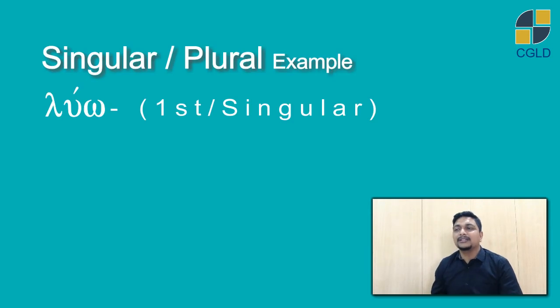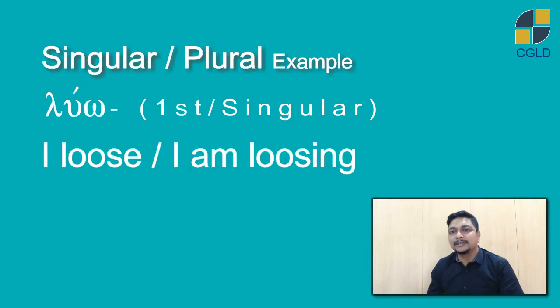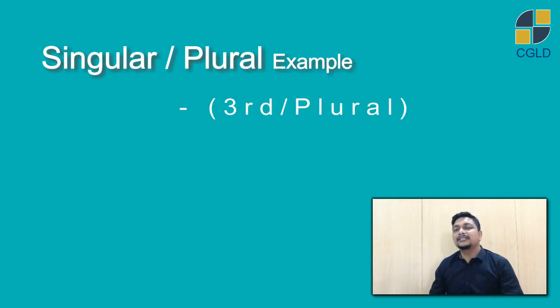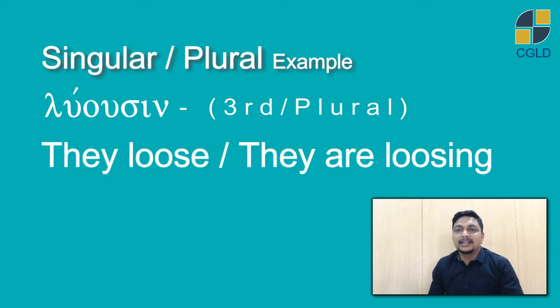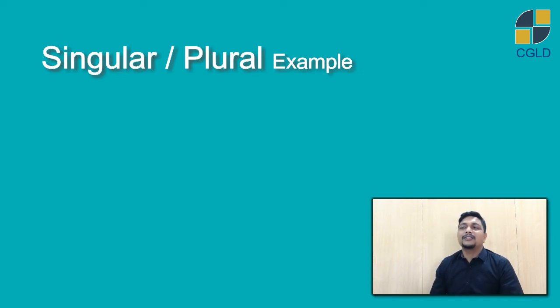Luo, first person singular, I lose, I am losing. Luusin, and there is a diphthong of omicron and upsilon in between, and I hope you are noticing that. That's why the pronunciation is luusin in third person plural form, which means they lose or they are losing.